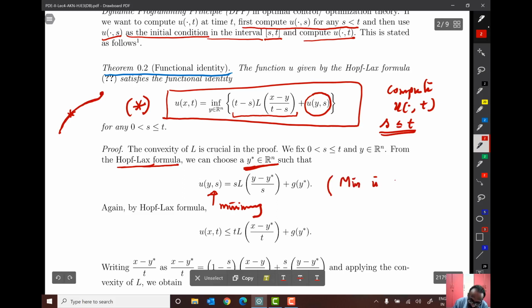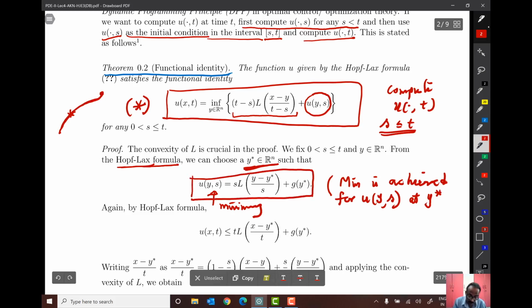Minimum is achieved for UIS. So you write down the Euler-Lagrange formula for UIS, use the parameter properly, and at y star the minimum is achieved. So that's why you get UIS is equal to GY star. So you are using the precise information where the minimum is attained.